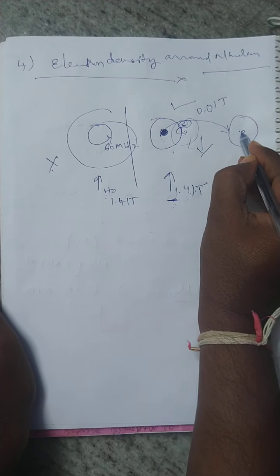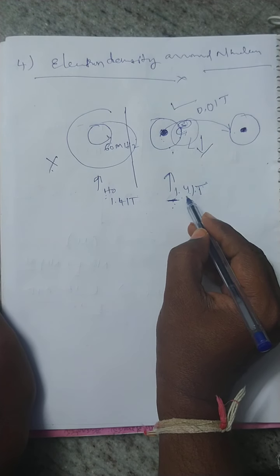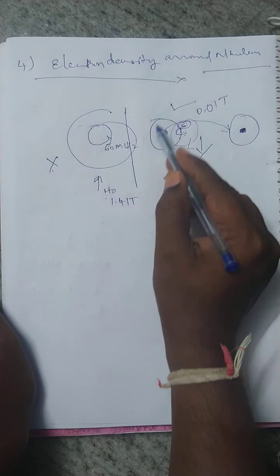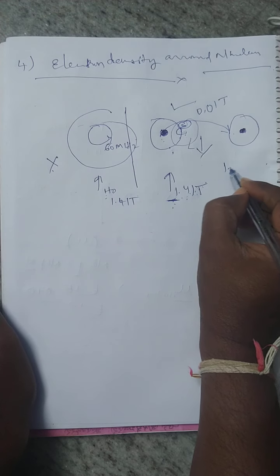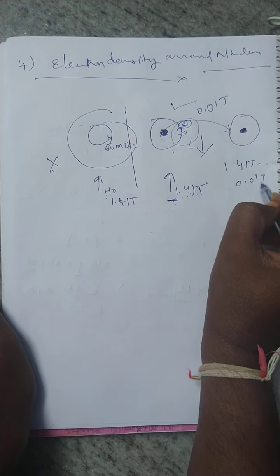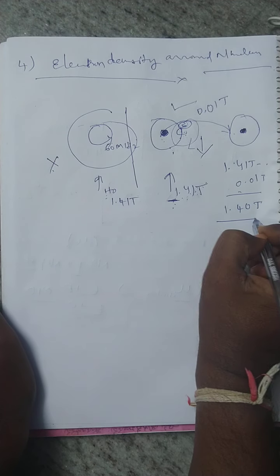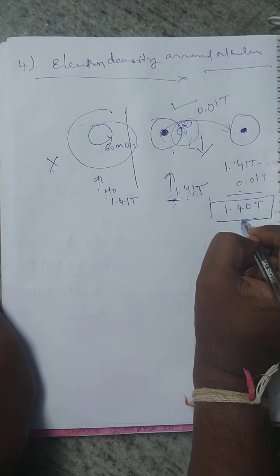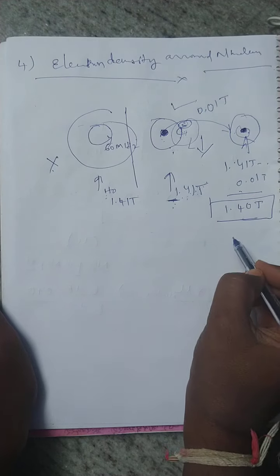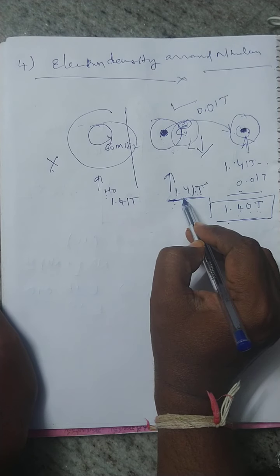So hence, instead of experiencing the total 1.41 Tesla, due to the electron's motion around this nucleus, it will experience 1.41 minus 0.01 Tesla, right. So the nucleus will experience less external magnetic field strength, 1.40 Tesla rather than the applied magnetic field, right.